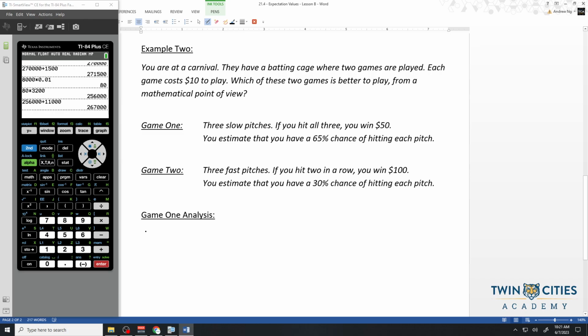To win the slow pitch challenge, this is hit, hit, hit. You have to hit all 3. Hit times hit times hit. This would be 0.65 times itself, and then times itself again.